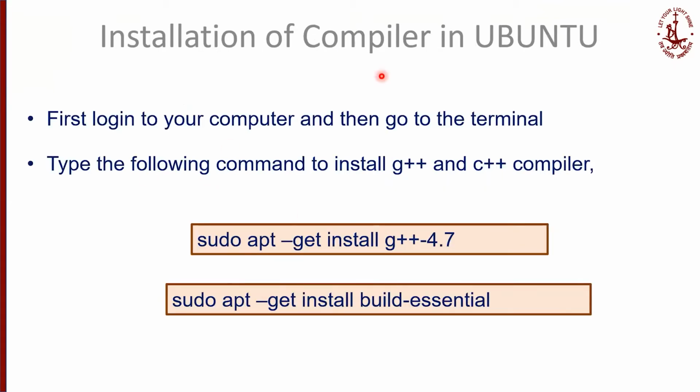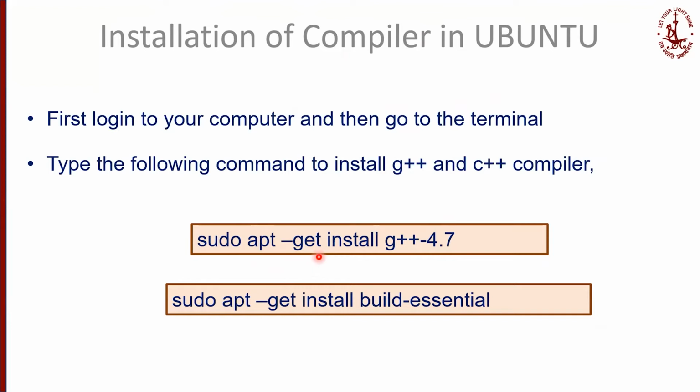If you are doing it in Ubuntu, or in Windows also using an SSH terminal, then you have to first log in and go to your respective terminal. In order to install your compiler like G++ or C++, you don't have to download anything. You just have to type out this command: sudo, then a space, apt, then space, minus get.